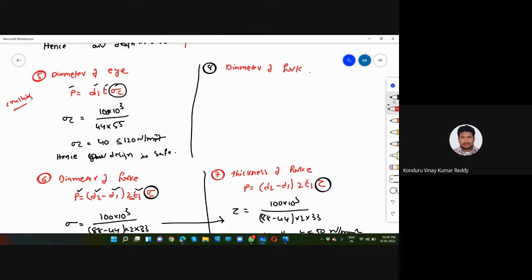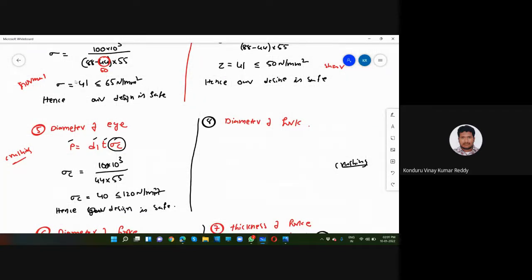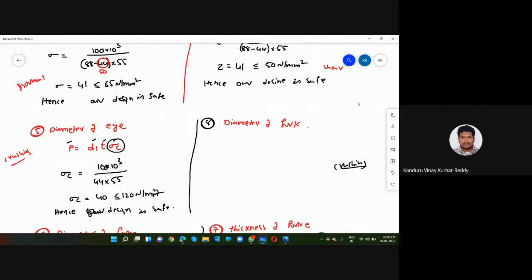Similarly, as in the case of the eye, it will be normal, shear, and crushing. With respect to the eye I also provided those three points: normal, shear, and crushing. Similarly, I will provide them here also.